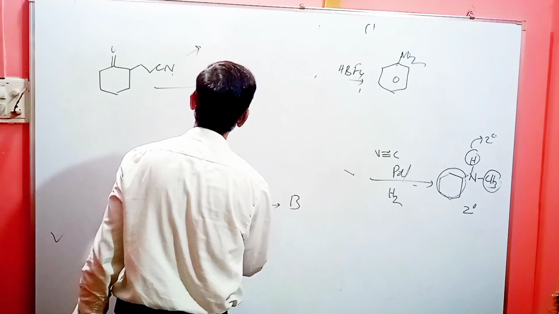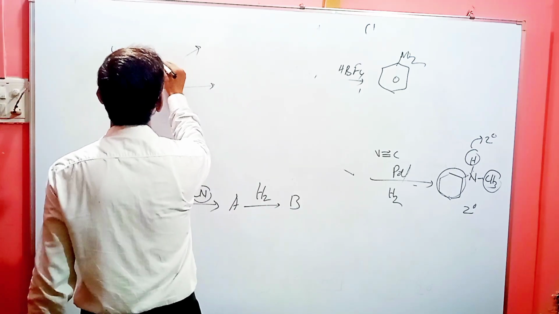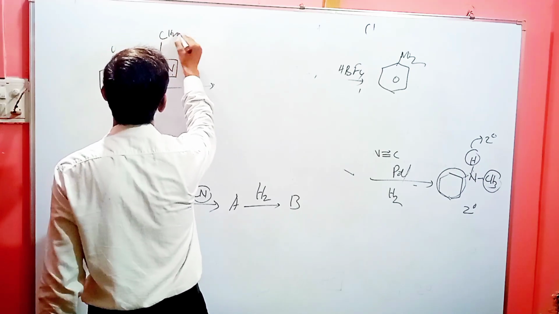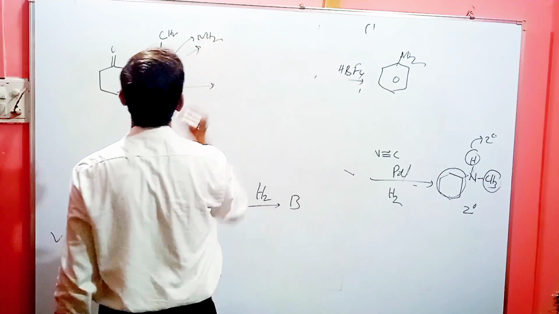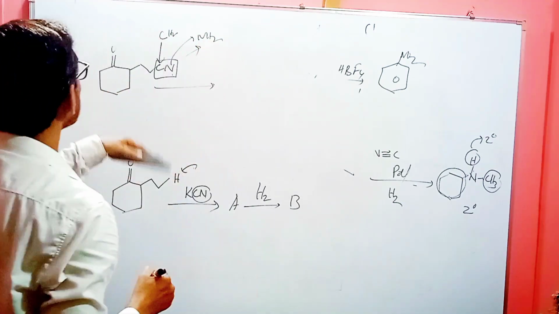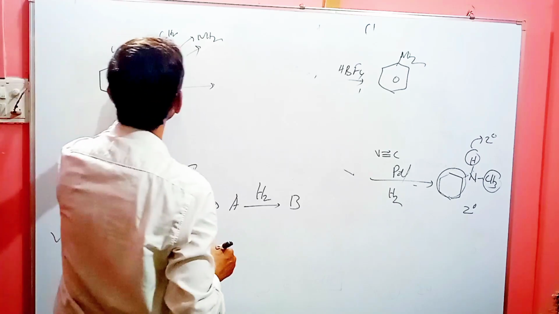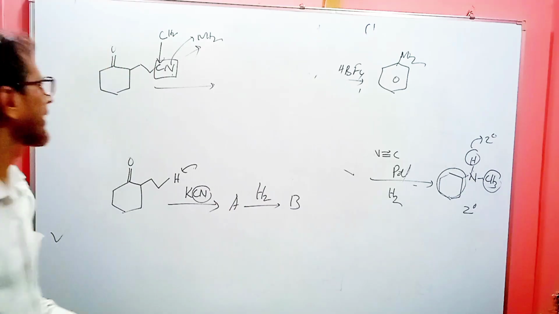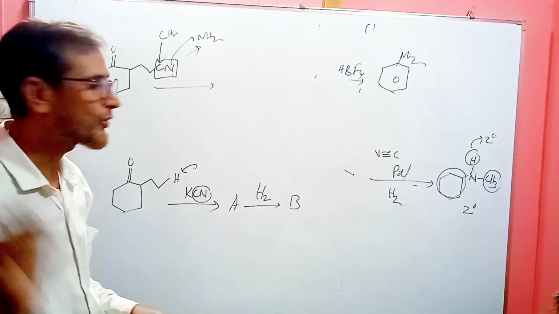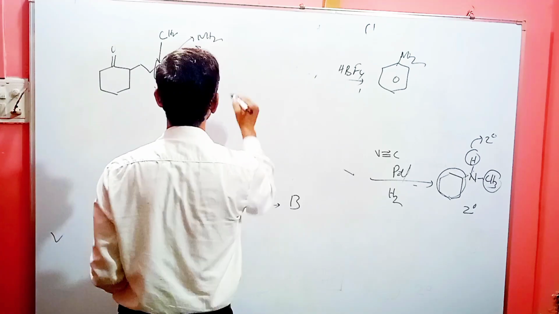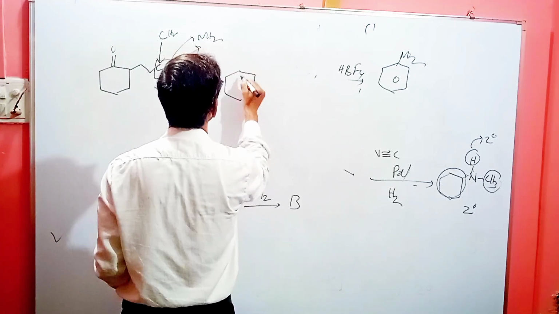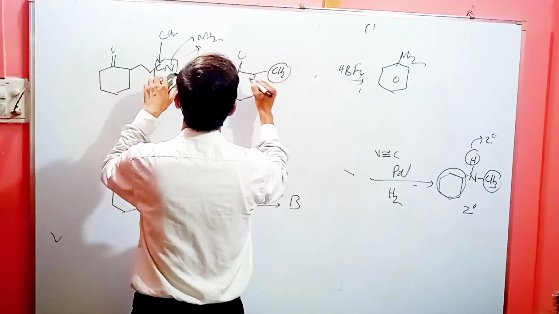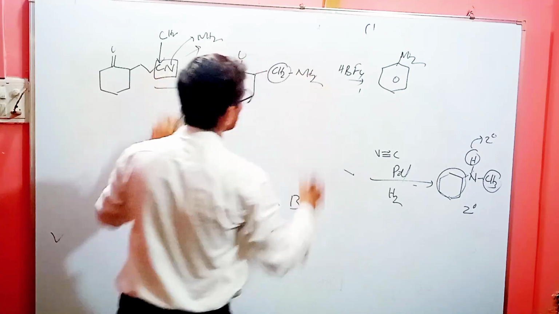You are reducing it with hydrogen, am I right? So the CN part is reduced: here it will be CH2 and that will be amine. On reduction of CN, C always becomes CH2 and that becomes NH2. One CH2 group is added in the reduction of cyanide, but in the nitro group reduction, no carbon chain is increased. So your answer is this, that becomes CH2 and that becomes NH2.